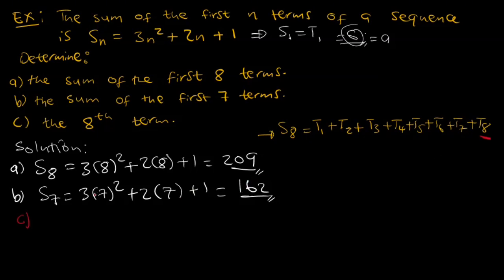This is the sum. If it says S7, that means you add all this up until T7, and you get 162. If you have S8, you add all the terms from term 1 up until term 8. But I want to know what this term is. How do you determine the value of term 8, meaning T8?